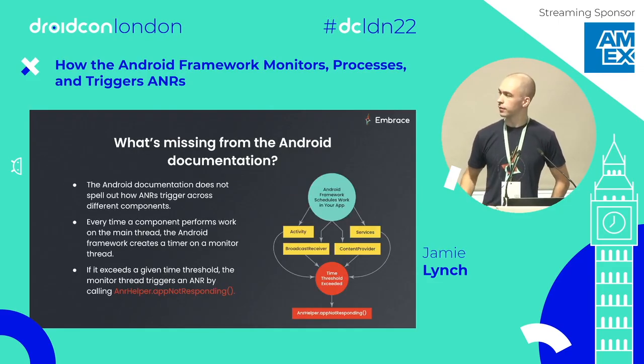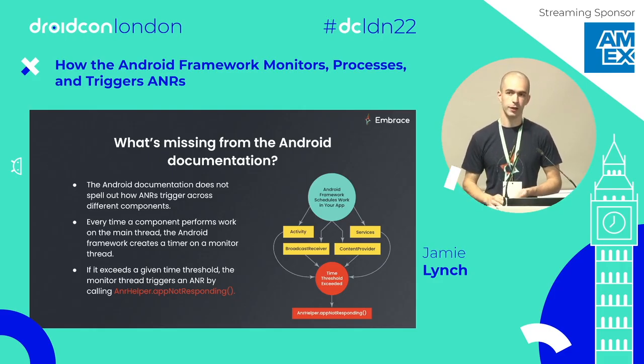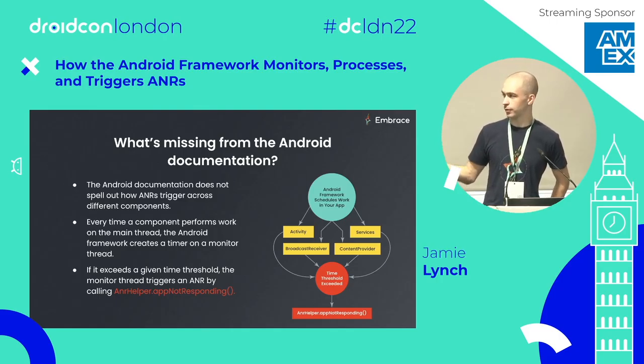This diagram shows a very high level of how the Android OS basically schedules work in your app. A bit of a reminder: the Android OS will call into your app to display an activity, or it will invoke a broadcast receiver when there's some sort of system event. And if they take too long to respond, then you're basically going to trigger an ANR.